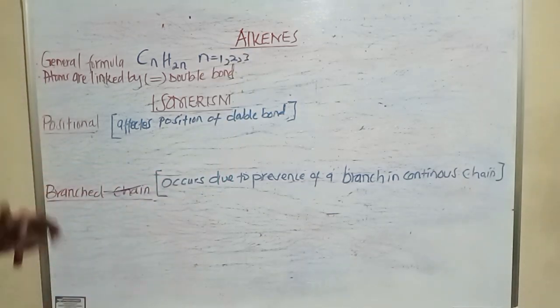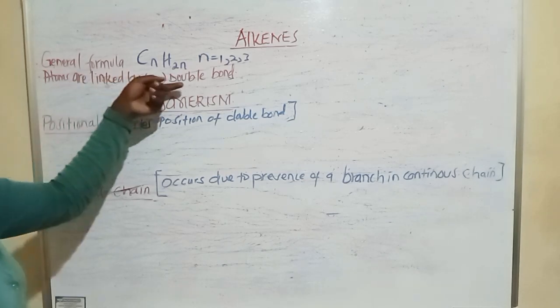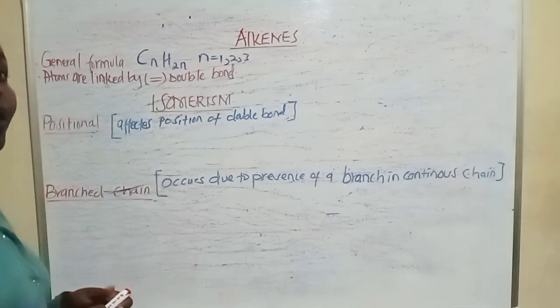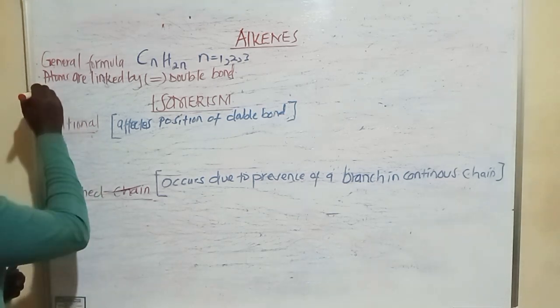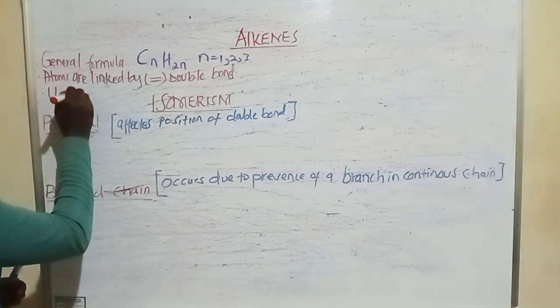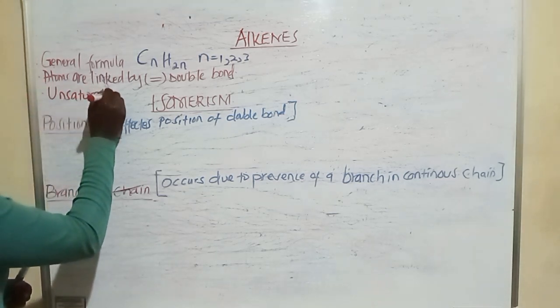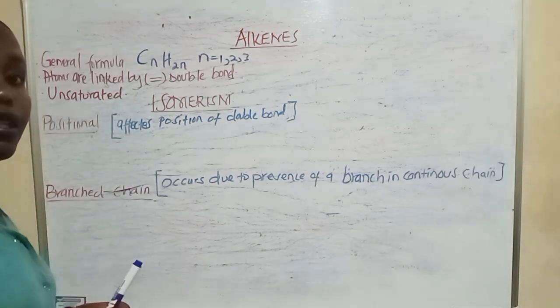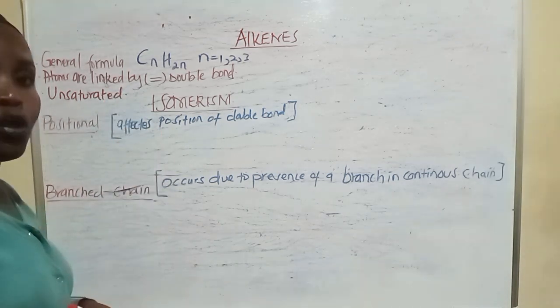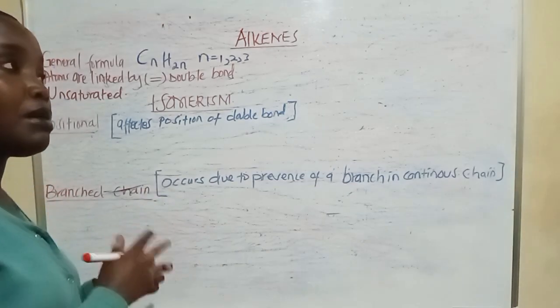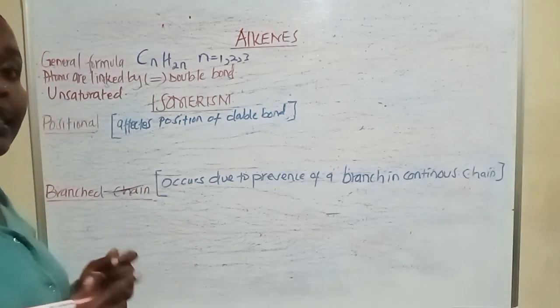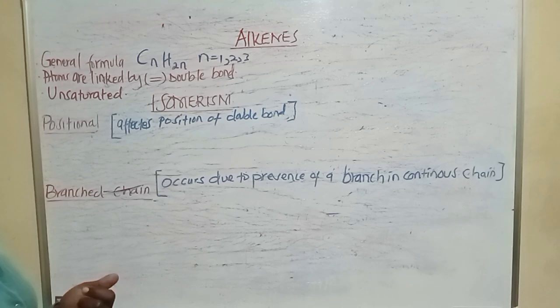And alkenes have a double bond between their carbon atoms. Another thing about alkenes, we say they are unsaturated, meaning the carbon atoms are not bonded to the maximum number of atoms that they need to be bonded to.